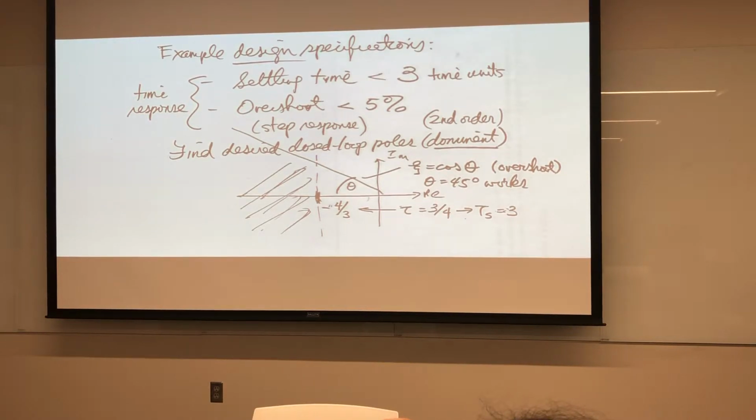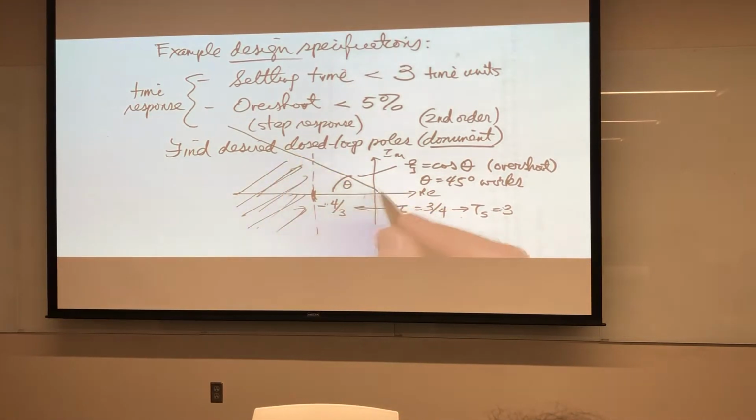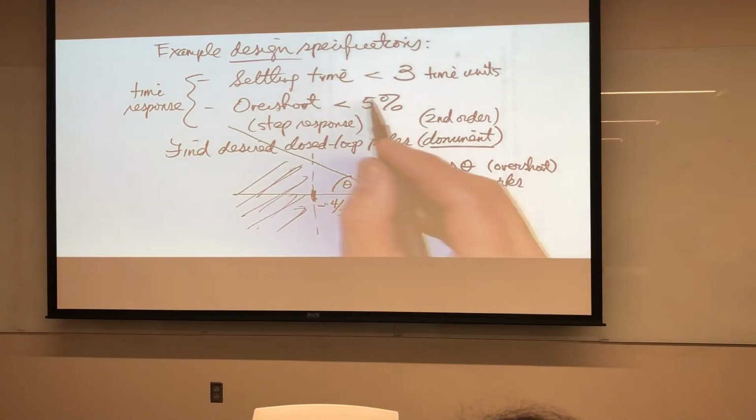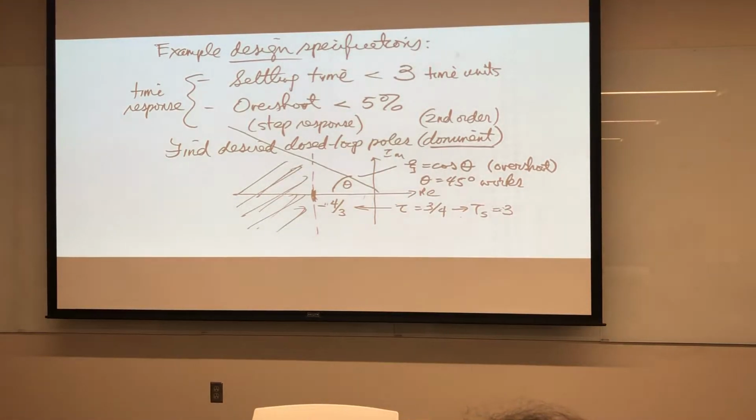You had a 30-60-90 triangle, or a 45-45-90 triangle. 45-degree triangles are nice because two of the legs are the same length. 45 degrees kind of splits this world up evenly. The real part and the imaginary part will be the same. And coincidentally, it also will give you overshoot less than 5%. It's actually 4.32% for a second-order system.